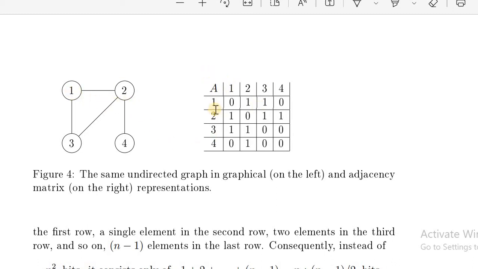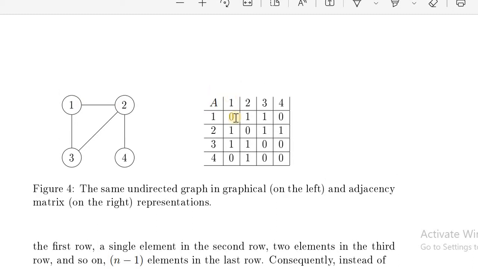From 1 to 1 we don't have any edge, meaning that this graph doesn't have a self loop. If we put 1 here, then that would mean there is some sort of cyclic loop or self loop on a vertex, but we don't have it, so we put 0 here.